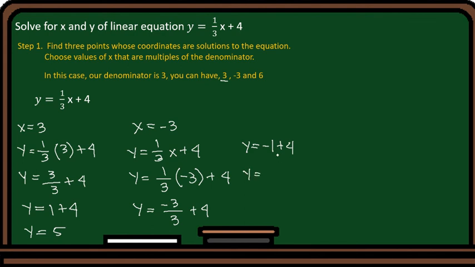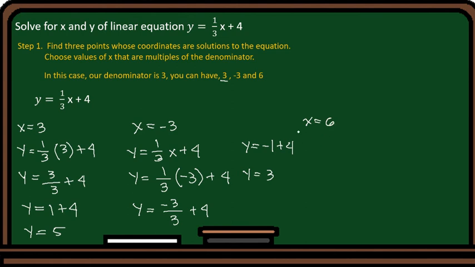y is equal to positive 3. In the rule of integers, when you are adding or subtracting unlike signs, subtract and copy the sign of the larger number. Lastly, we have x is equal to 6.